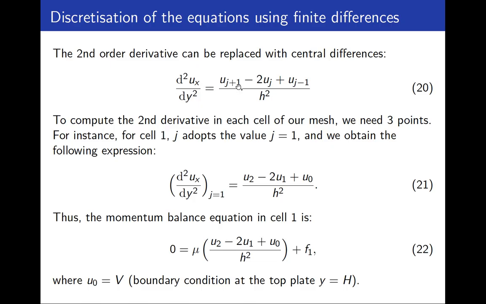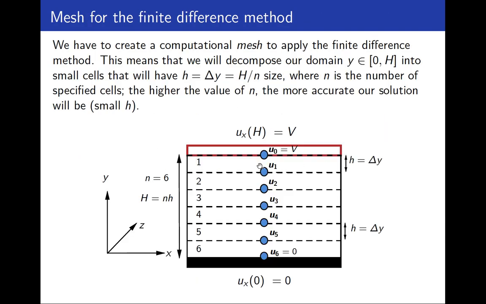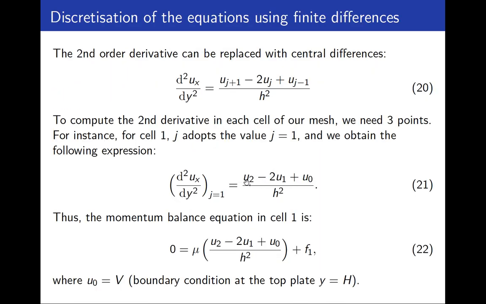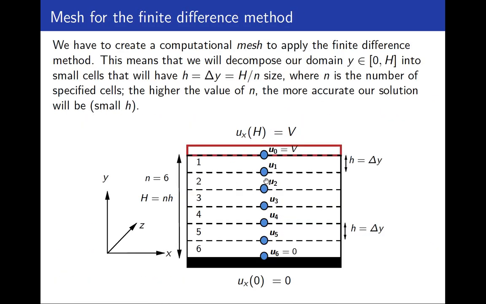That means that we need 3 points to evaluate the second derivative. Let's say we want to compute the second derivative at cell 1. Cell 1 is here. So we need u2, which is the velocity value in cell 2.